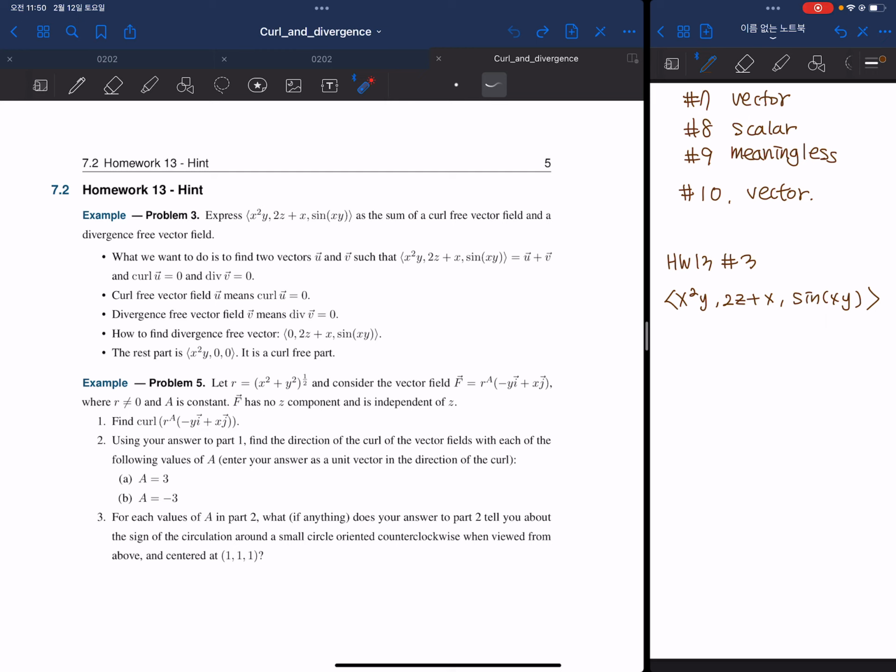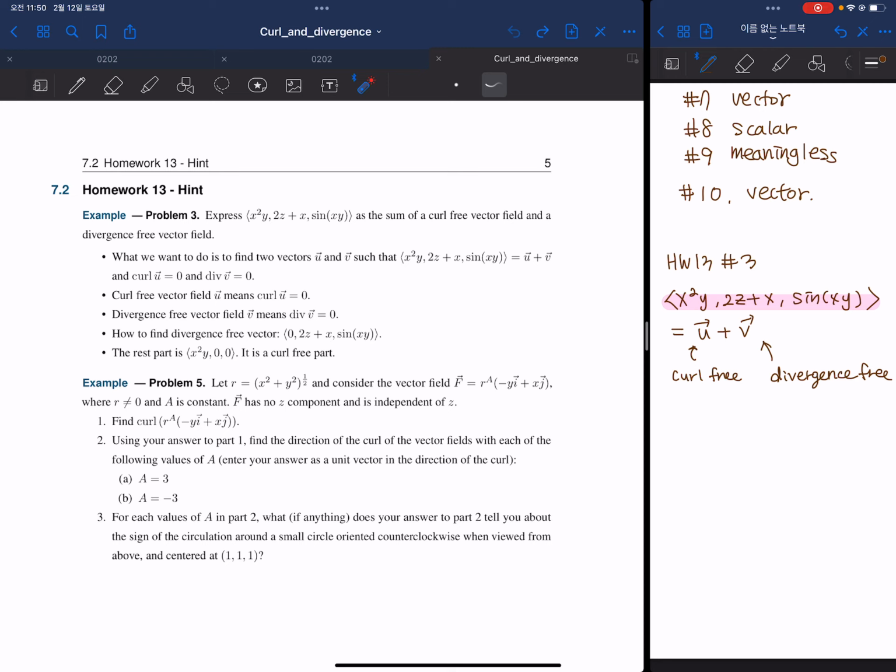And so we want to say there are two vectors u and v, and then if we add them, we will get these x squared y, 2z plus x, and then sine xy, okay? Let's say u is the curl-free vector field, and then v is the divergence-free vector field.